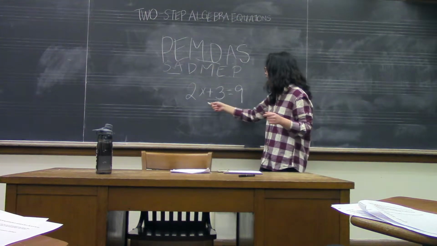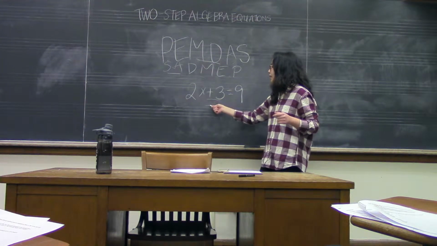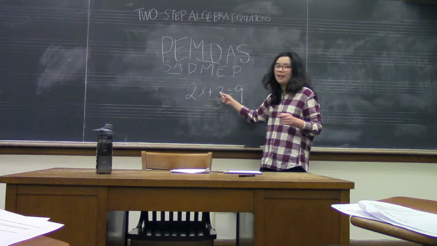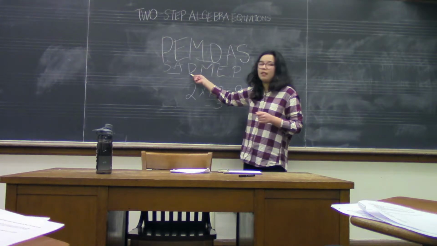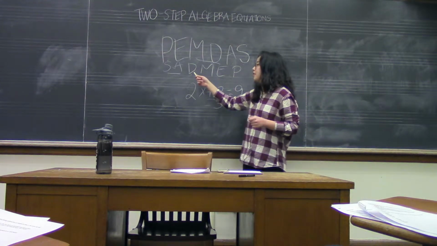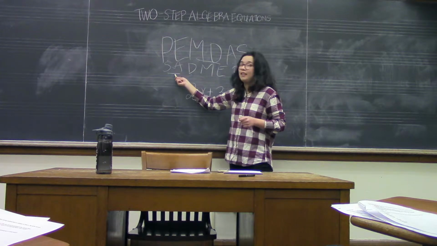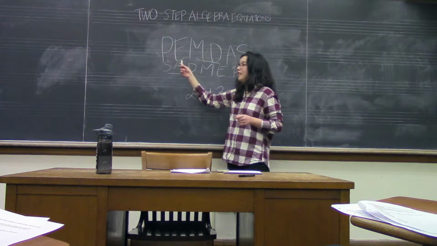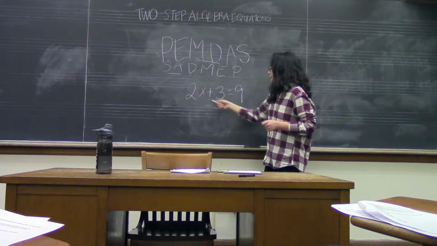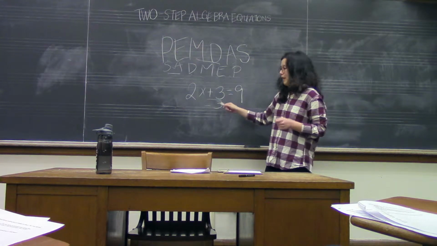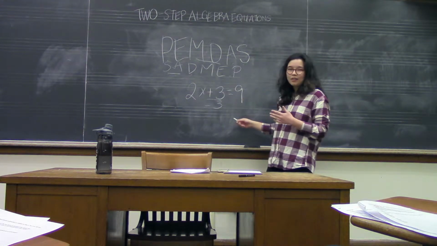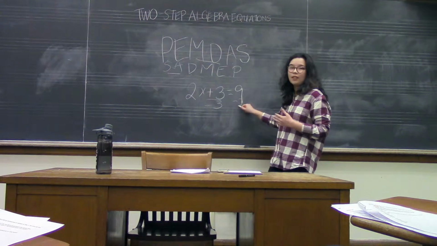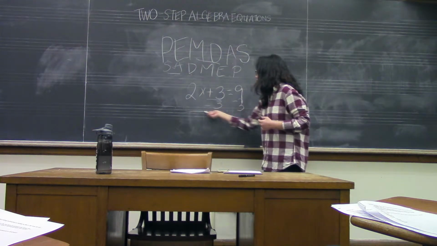We would subtract the 3. Just like division undoes multiplication and multiplication undoes division, addition undoes subtraction and subtraction undoes addition. So to get rid of this 3, we do minus 3 on this side, but since it's an algebra equation, we have to do it on both sides of the equal sign.